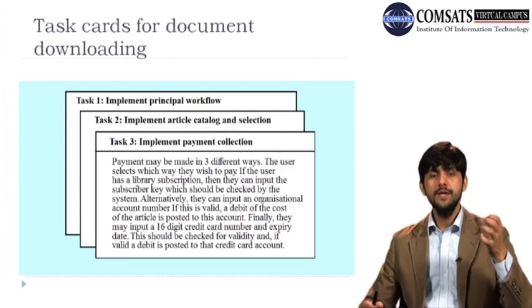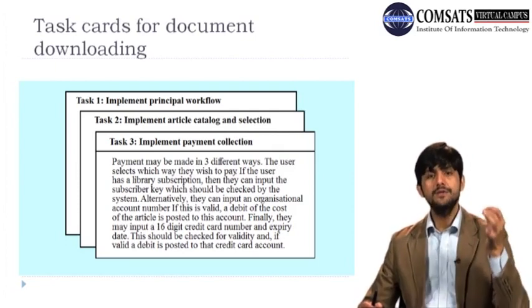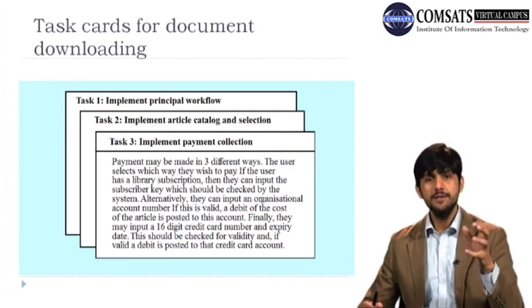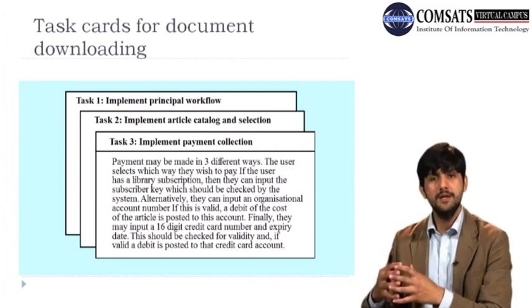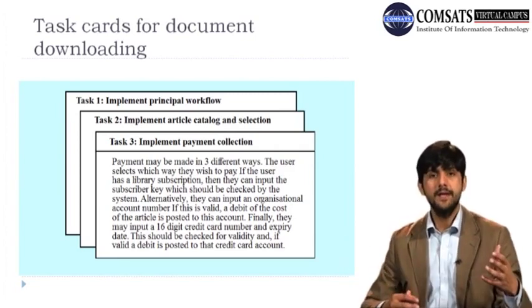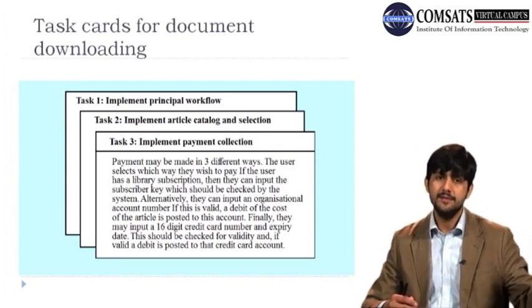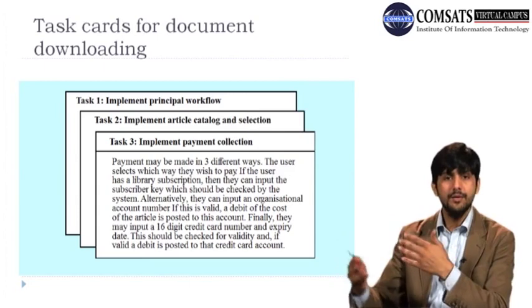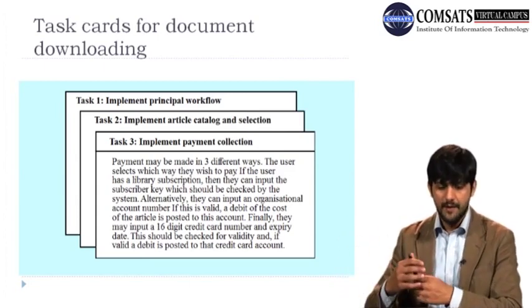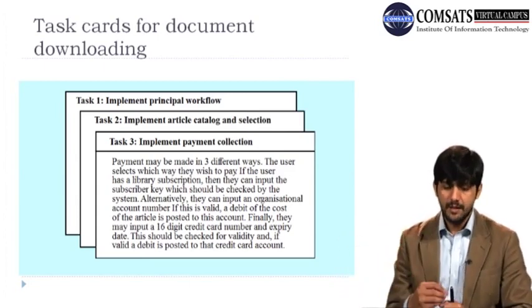So whenever we visit those websites from an IP address within the university, it identifies that this is a subscriber and he can access it. So we don't have to pay for them. We can download them, print them, and use them. This is how subscription works.